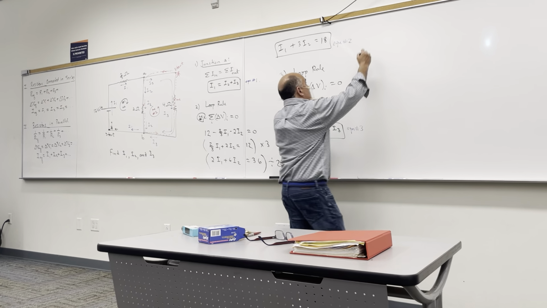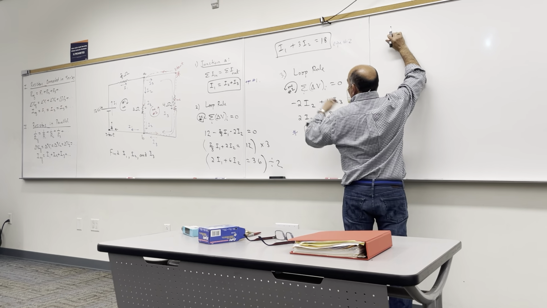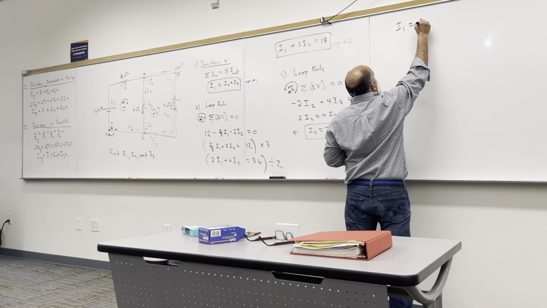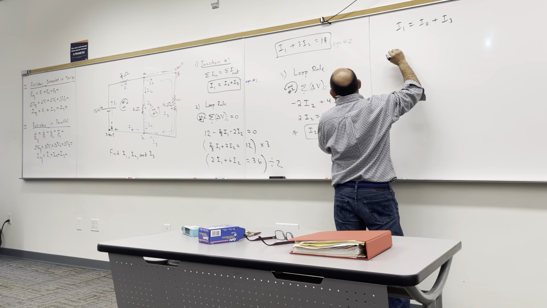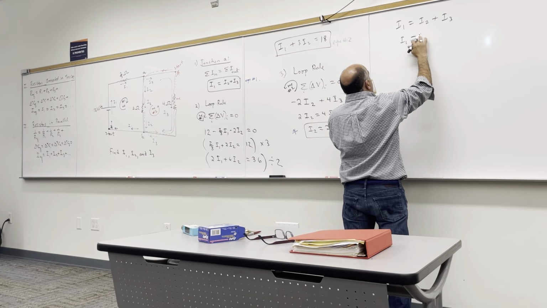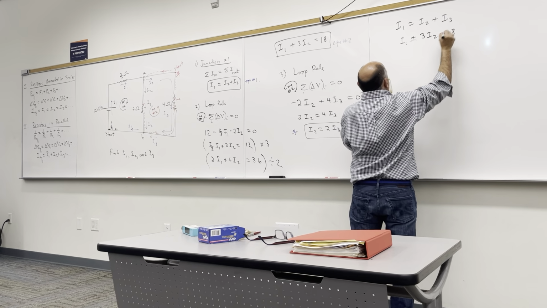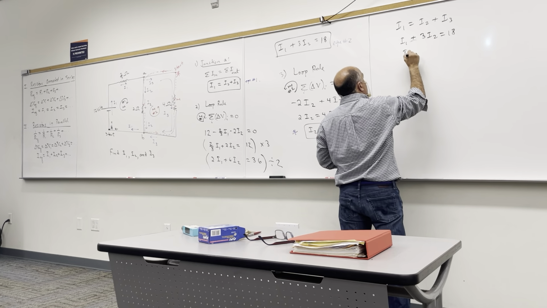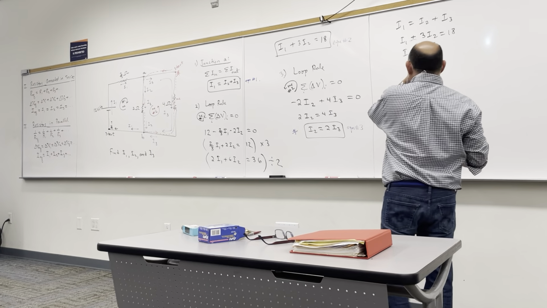Now I have 3 equations, so I'm going to write them all down. I1 equals I2 plus I3. I1 plus 3I2 equals 18. And I2 equals 2I3. Right?